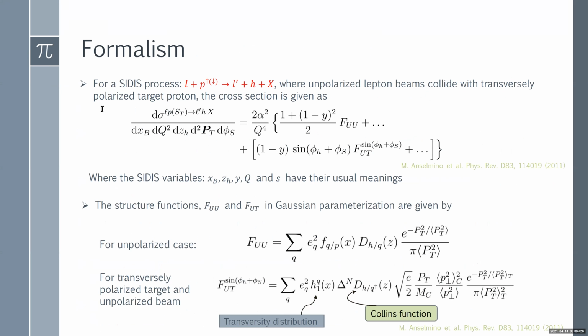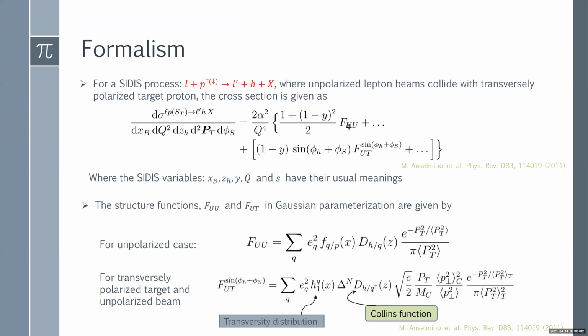Coming to the formalism, we considered the SIDIS process where only one hadron is observed in the final state, where the unpolarized lepton collides with the transversely polarized target proton. The cross section is given in this expression, where S_T represents the polarization of the target proton. Here we took only the contributions relevant to the Collins asymmetry; the other contributions are also there, but with different weight functions.